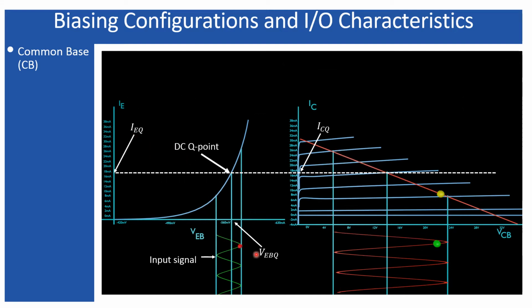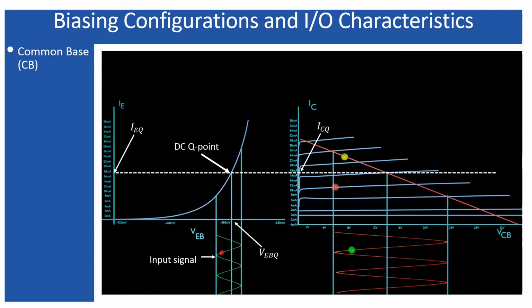Similarly, the emitter to base voltage at the Q point I have denoted by VEBQ, which refers to the emitter to base voltage at the DC Q point. Other than the DC Q point, there exist all variations on the emitter to base axis. Similarly, in the emitter current axis, there will be lots of variations depending upon this Q. Within this extreme range, there will be a variation in the collector current.